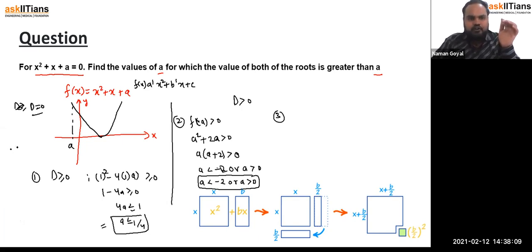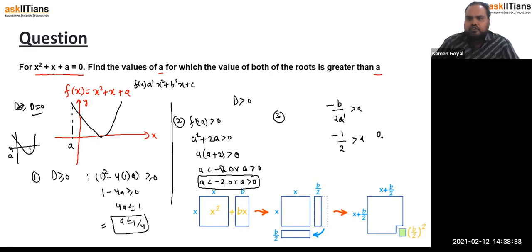See, if I draw this diagram, this point is a, the x coordinate of this vertex must be greater than what? a, right? So minus b upon 2a dash is greater than a. The value of a dash is what? 1, and the value of b is also 1. So minus 1 upon 2 is greater than a. So we got what? a is less than minus 1 upon 2, isn't it?